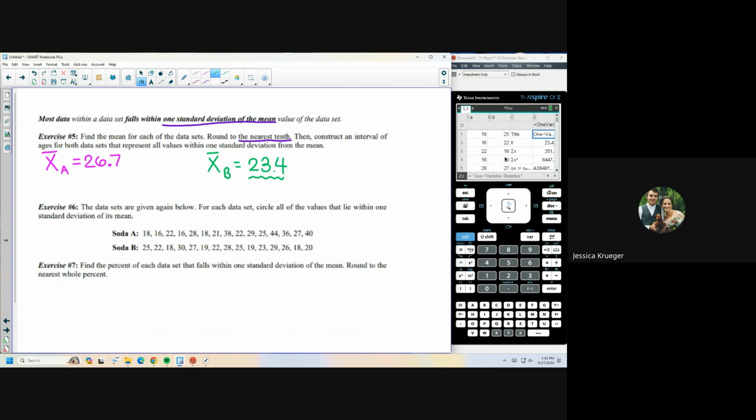So for soda A, whoops, let me switch my colors here. My standard deviation was 9.1. If I want to construct for soda A a range of values one standard deviation from the mean, I need to talk about going one standard deviation above and one standard deviation below.